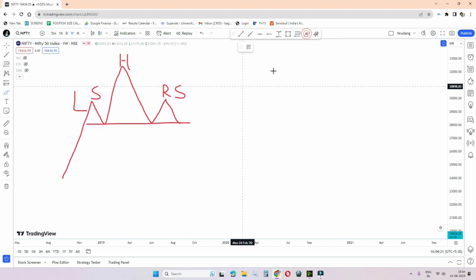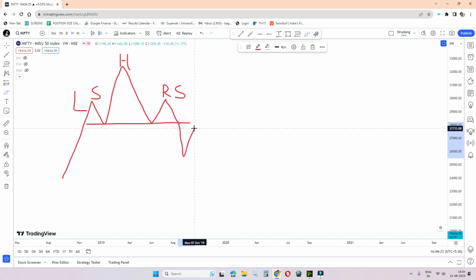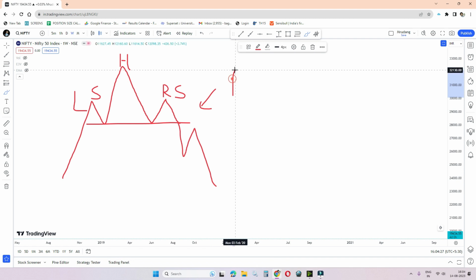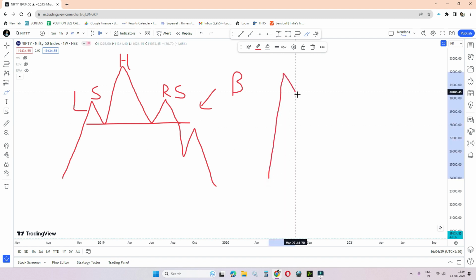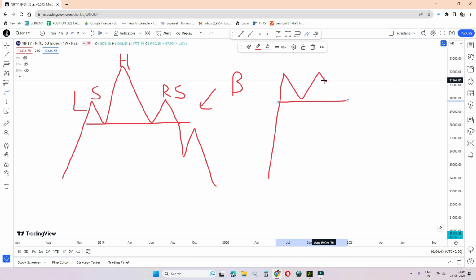When the stock breaks down from this pattern, it is a bearish pattern, and when it breaks down, the momentum and the probability are quite high with this pattern. Same for this one. Stock fails to make new highs and it breaks down.